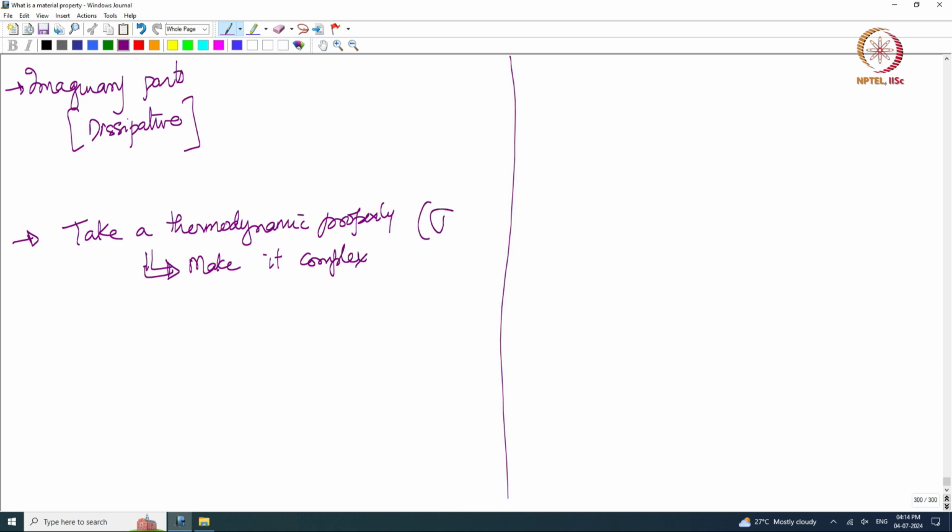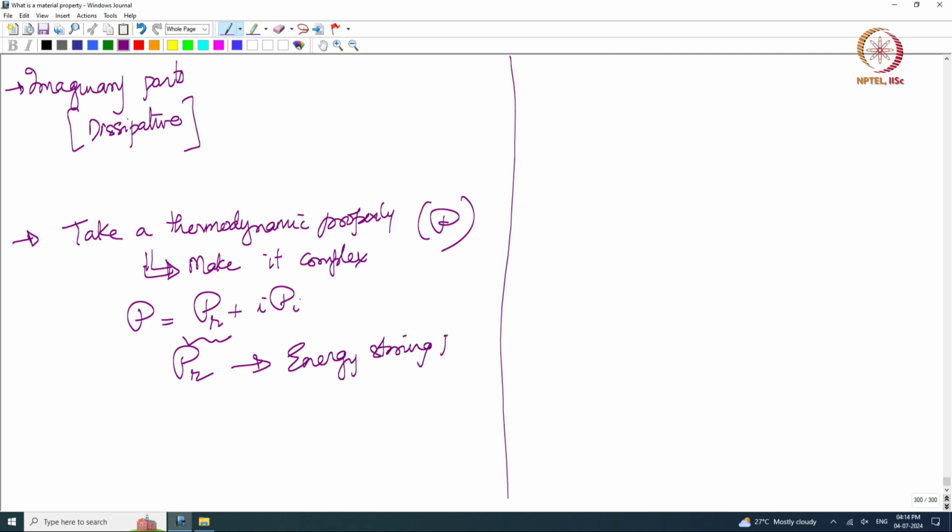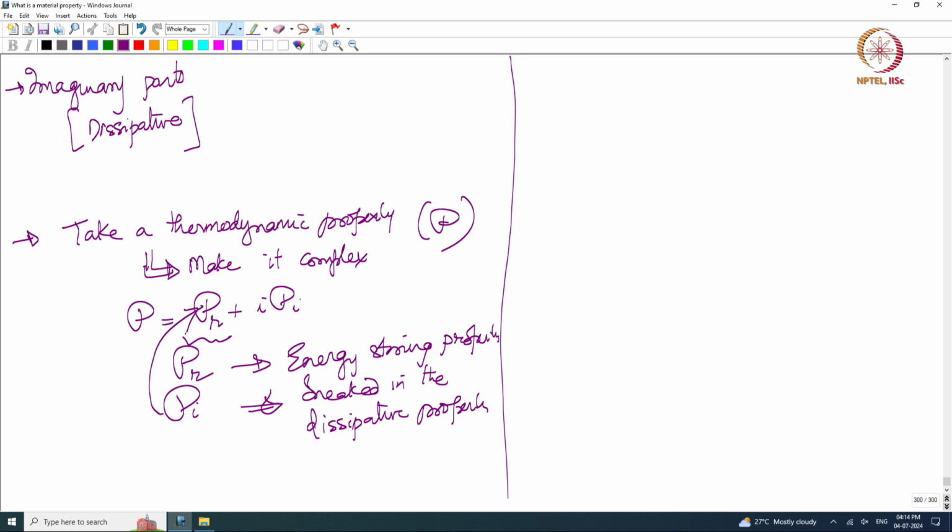I take a property P, and P is actually P_R plus i P_I. Then P_R is the real thermodynamic property, the energy storing property, and P_I is the dissipative property that I sneaked in, and we will actually show that P_R and P_I know each other.